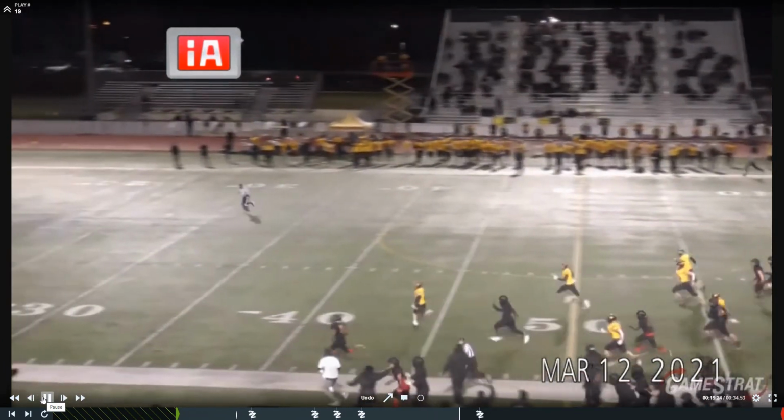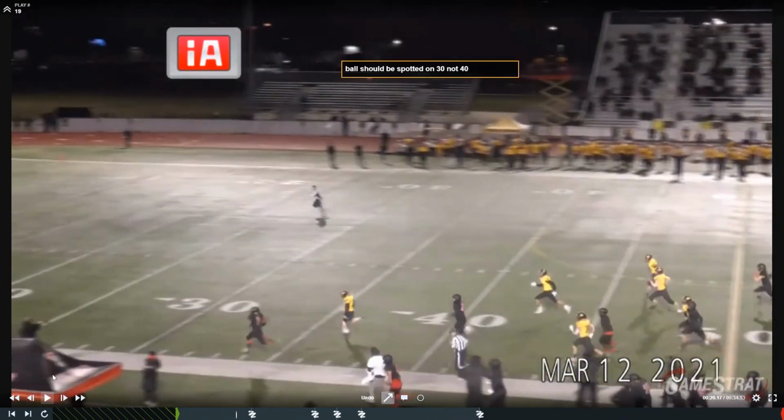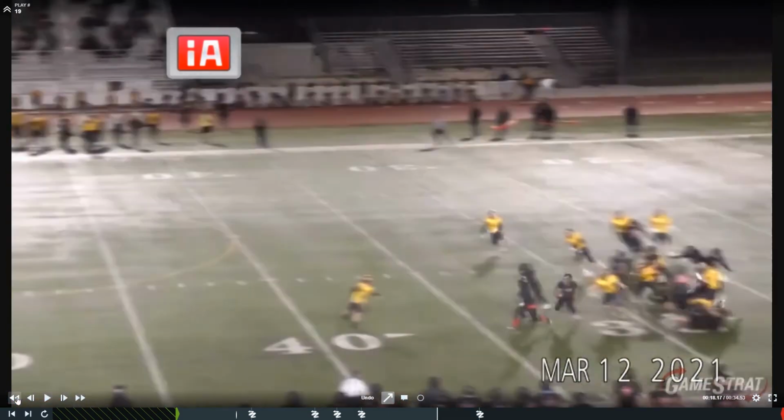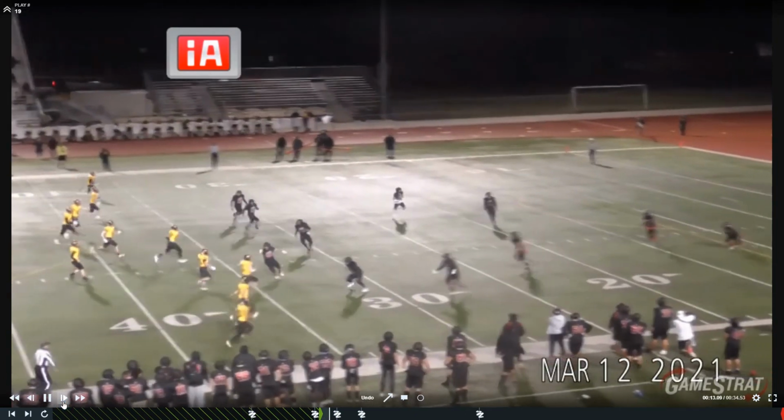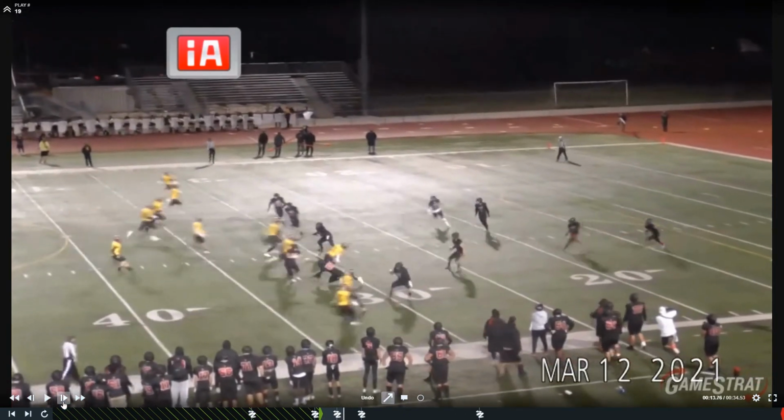And then I don't know who put some. I'm assuming the crew chief put this on. Ball should be spotted on the 30, not the 40. If we go back and look at the foul, yeah, it's about the 31-yard line. But this back judge is a good 20 to 30 yards away from this block. He can't throw the flag that far.